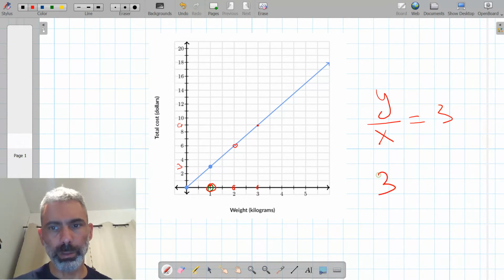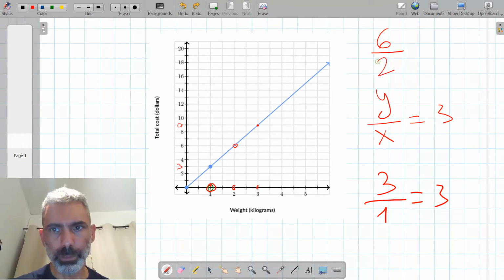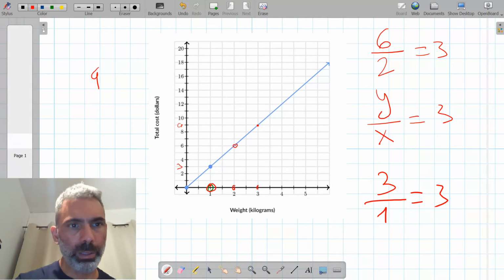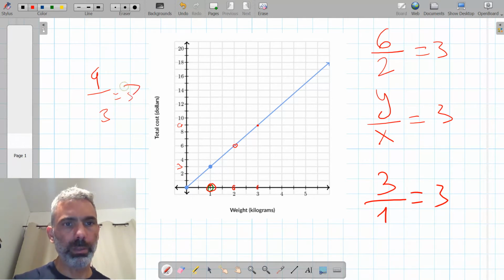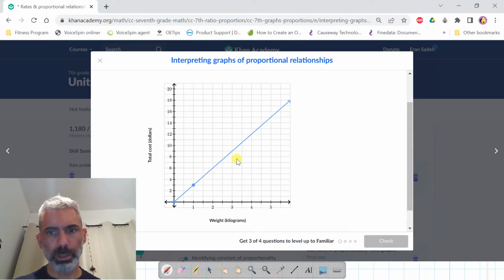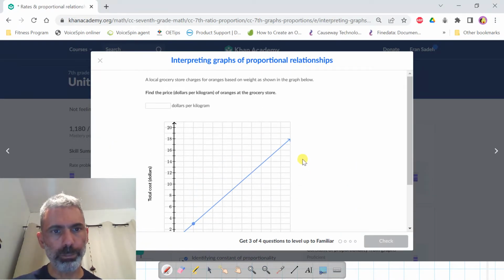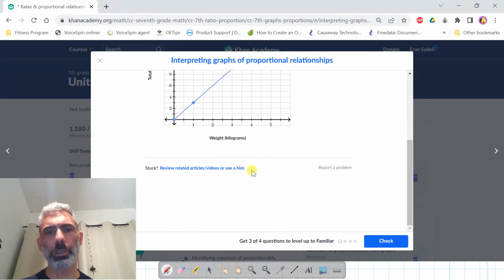For example, here 3 divided by 1 is 3, and for this point 6 divided by 2 is 3, and for this point 9 divided by 3 is 3. So the price per kilogram is $3. $3 per kilogram.